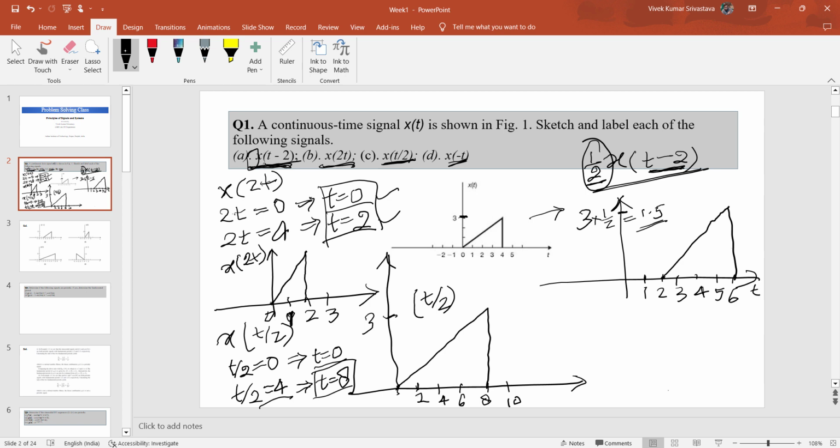Slope will change, because slope represents the change in y-axis divided by the change in x-axis. If these quantities change, then the slope will change, but the maximum amplitude remains the same. Yes, sir. I think the graph is shrinking.